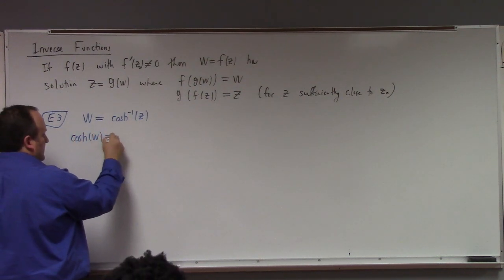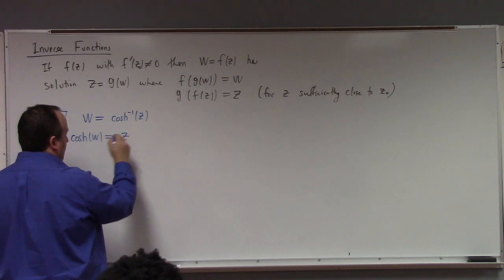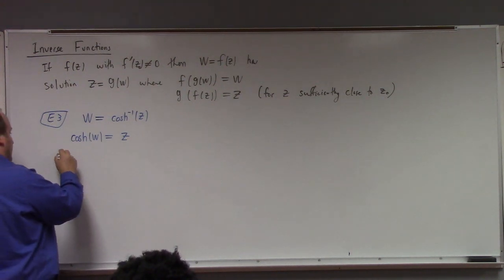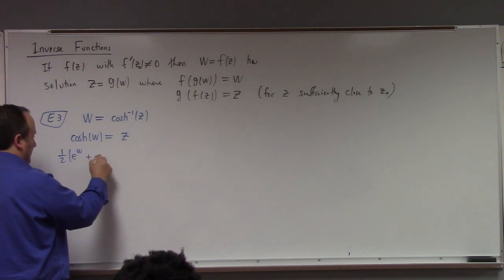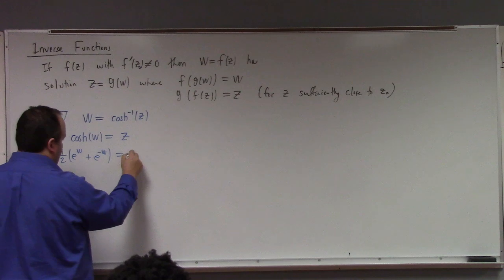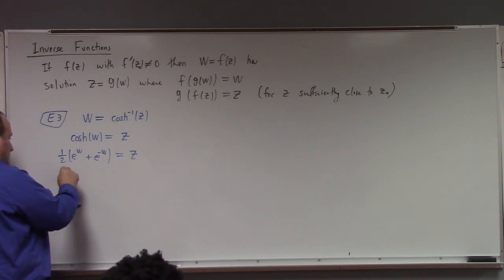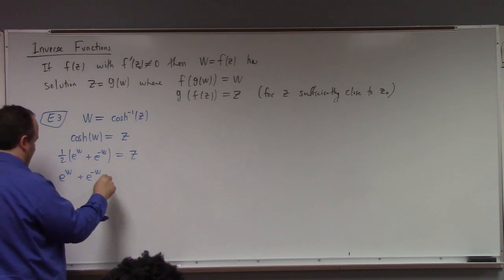Cosh of w is equal to z, since cosh of cosh inverse of z is z. Now what is cosh? It is one half e to the w plus e to the minus w equal to z. Multiply by 2 because we strongly dislike fractions.